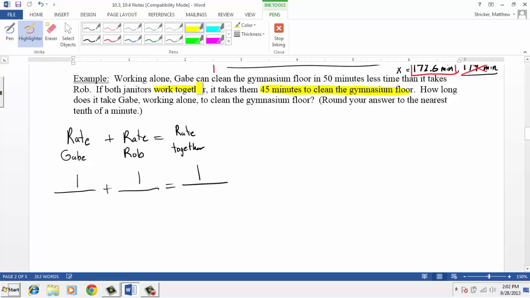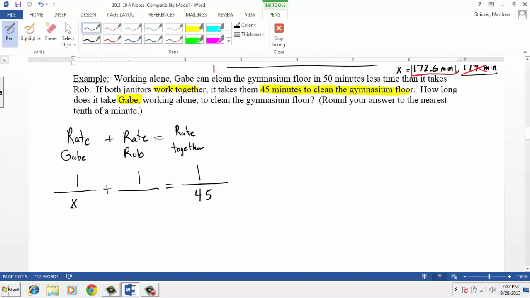So that's the time when they're working together. So this is going to be 1 over 45. And then we want to find how long it takes Gabe. So we want Gabe to be time x.